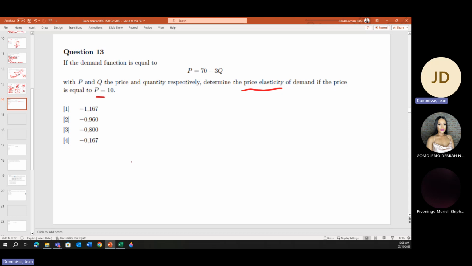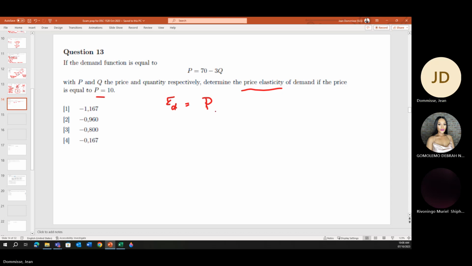Okay, so price elasticity. Remember there's elasticity of demand, and that will also be on the few pages I will share in the summary.